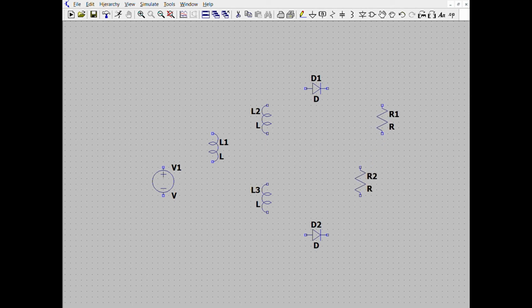We also need to put a resistor here to prevent error, just like the previous circuit.